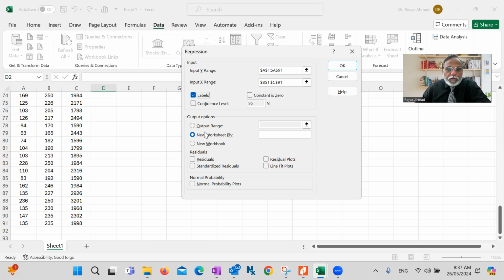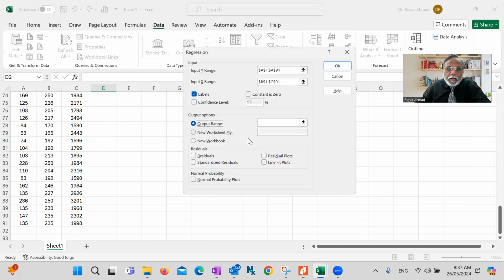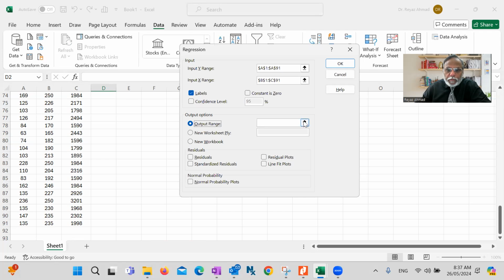Okay. Now I will have to select the output range. And here I'm adding these three checks. I will explain this. Not all the questions involve these things, but I'm just checking them out. I will explain over here. If it comes, then you will be able to answer these questions as well.